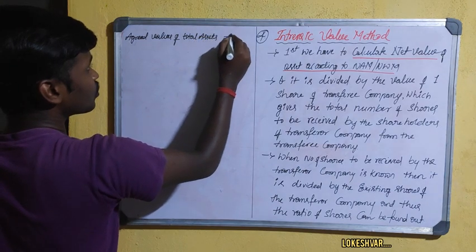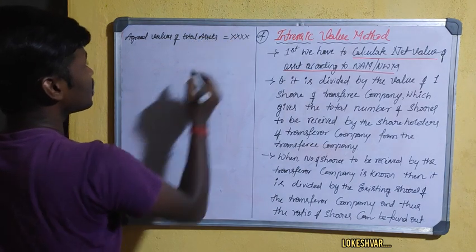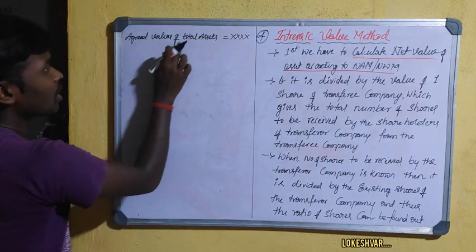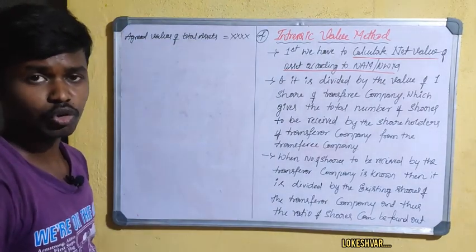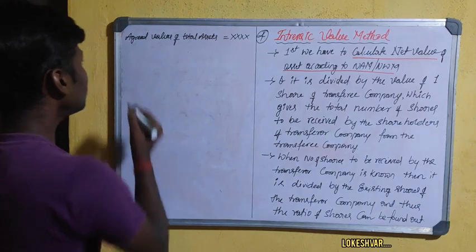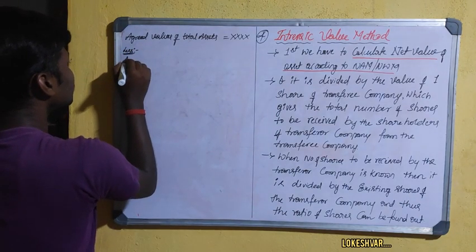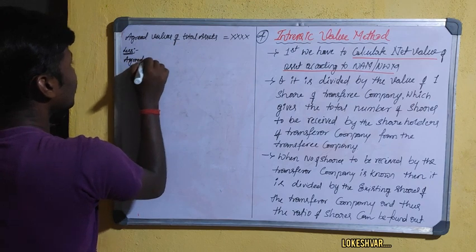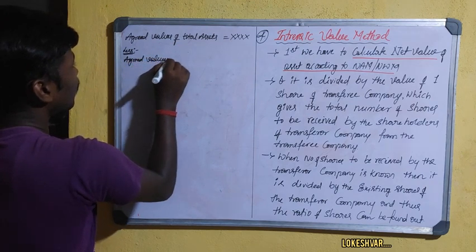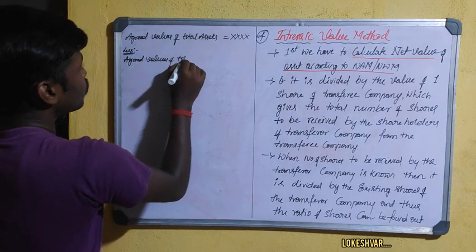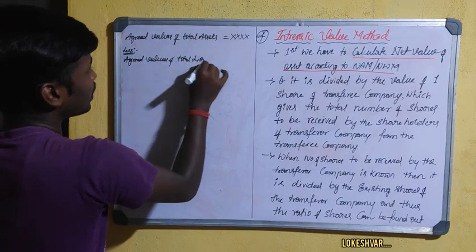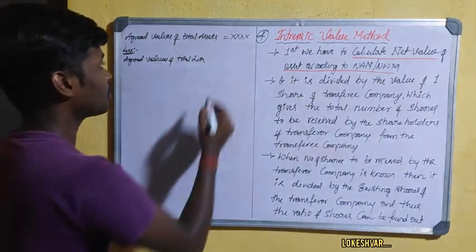So we first consider all agreed values of total assets taken over by the transferee company. Then we deduct, that is less, the agreed values of total liabilities taken over by the transferee company.